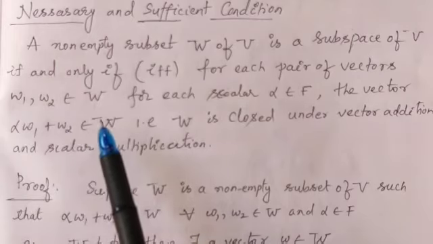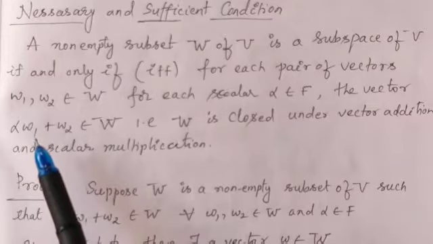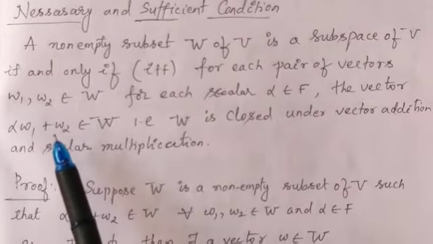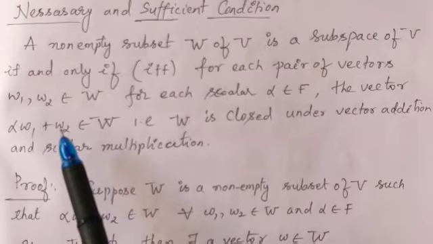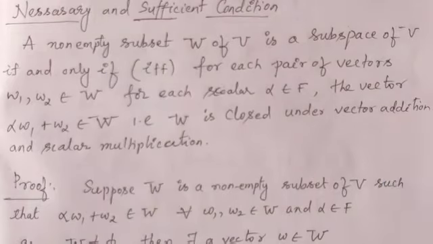Belongs to W means what? W is closed under scalar multiplication and vector addition. So this is the important concept here. I have written here that W is closed under vector addition and scalar multiplication.